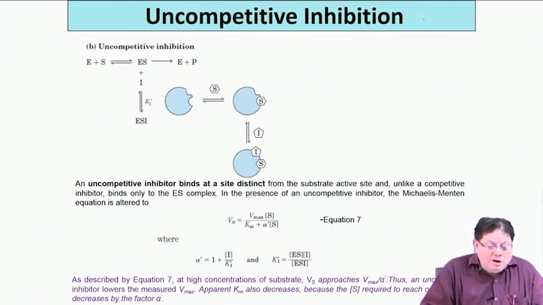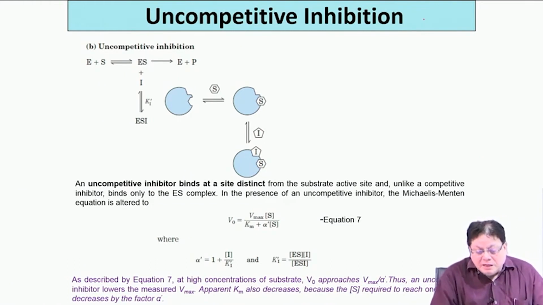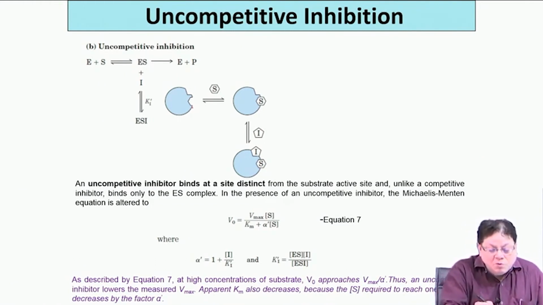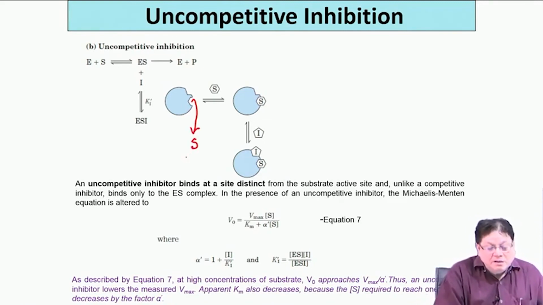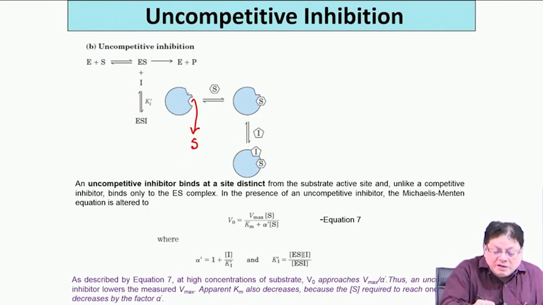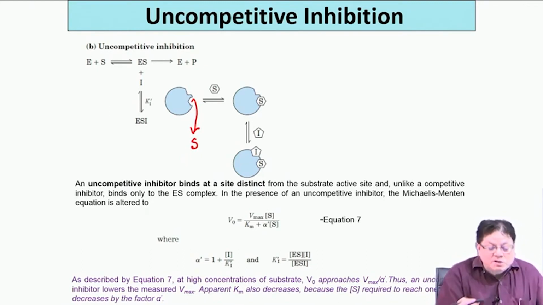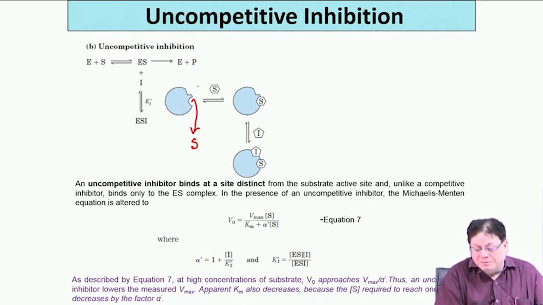Now, here what happens, the enzyme has one active site, always it will have for the substrate, but as the substrate binds it has got another site, which was not fitting to the inhibitor to start with.